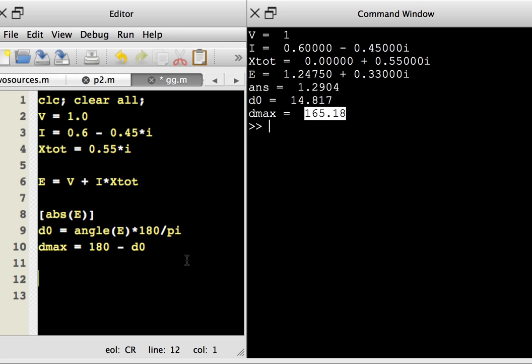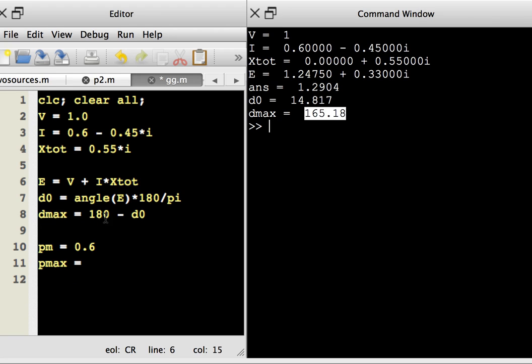PM equal to 0.6 and Pmax equal to absolute value of E times V divided by X total.